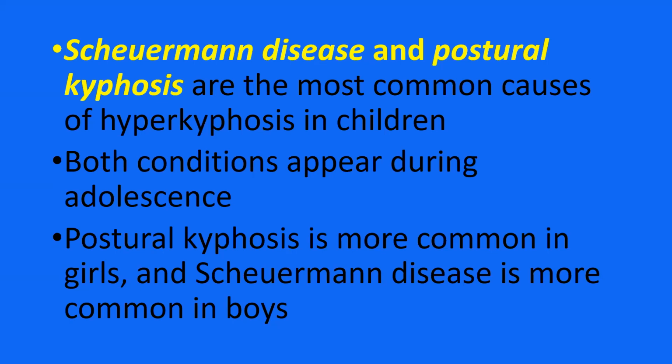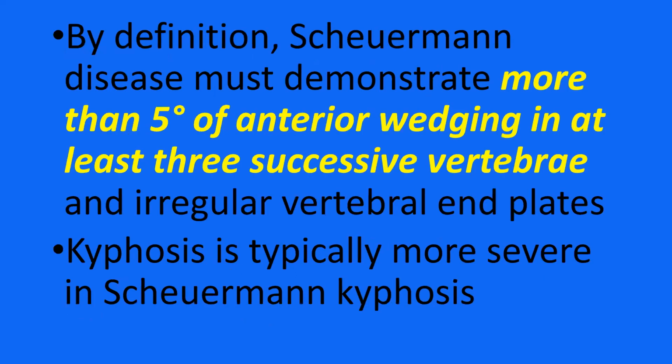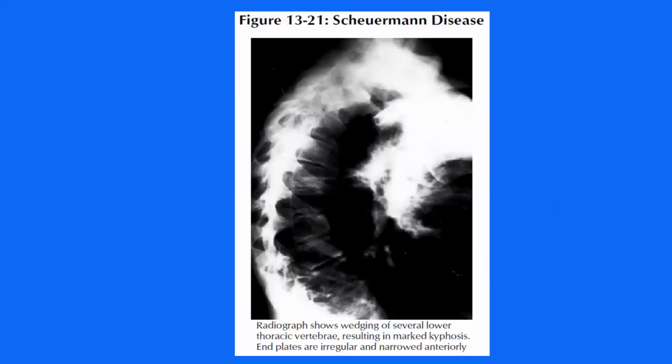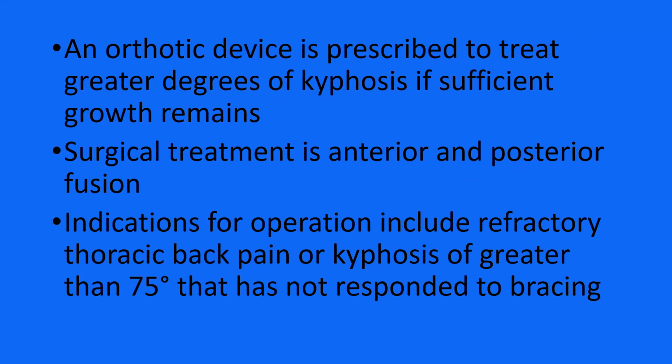And these, at certain angles, they need surgery. You need to straighten them, but you have to know that 50 degrees is the limit, and you can put them in corsets when less. So yeah, more than 5 degrees anterior wedging in at least 3 successive vertebrae. Okay, that's what I want.